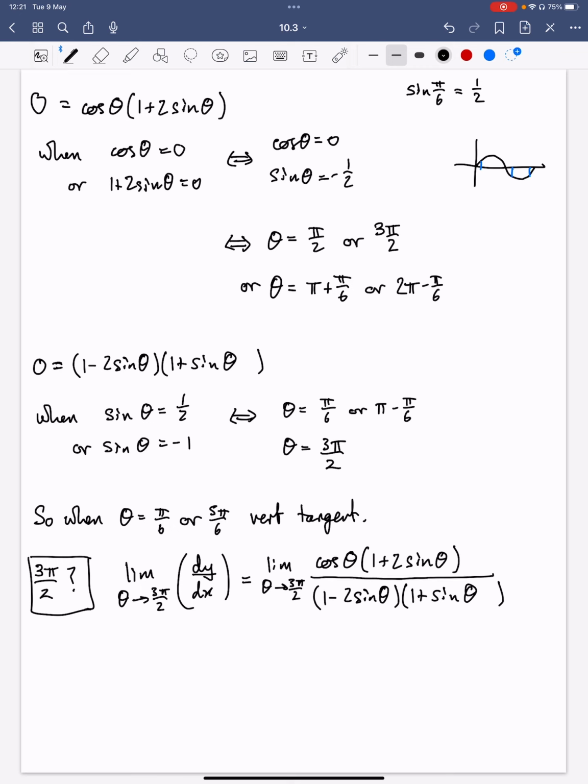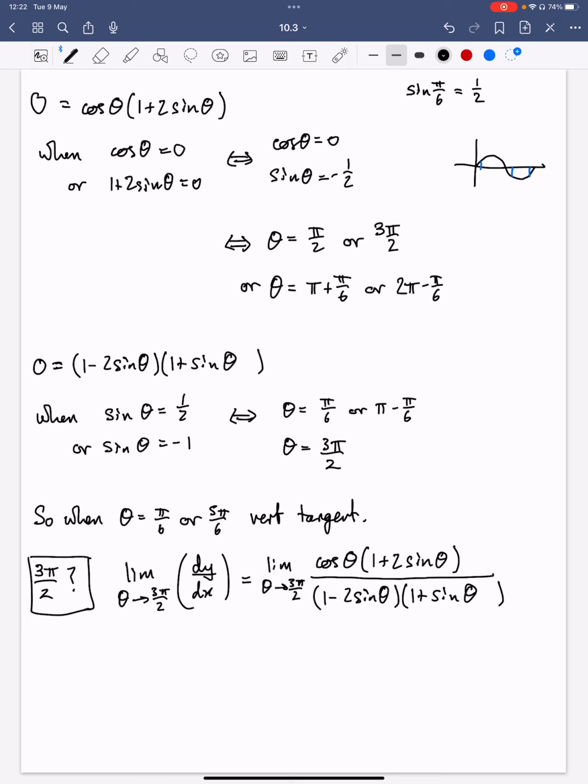Okay, and we know that cosine theta and 1 plus sine theta are the bits that go to 0 in this limit, and then this bit and this bit go to a constant. So we'll just note that when theta is 3 pi by 2, sine theta is negative 1. So just plug that in.